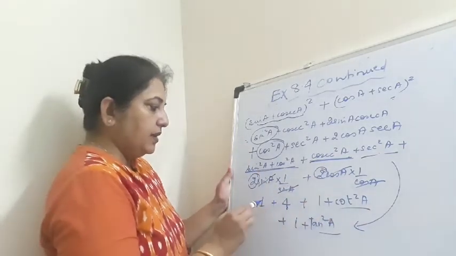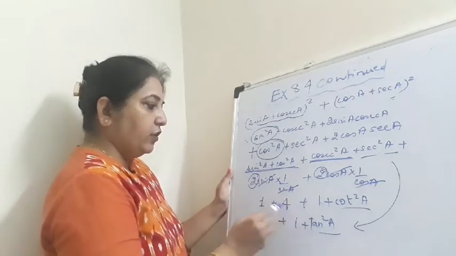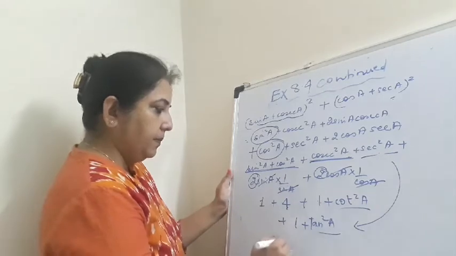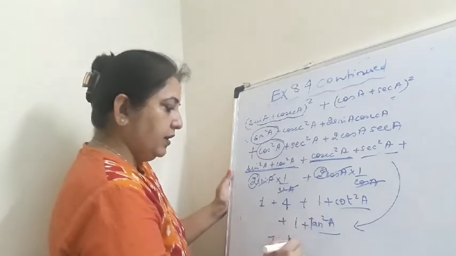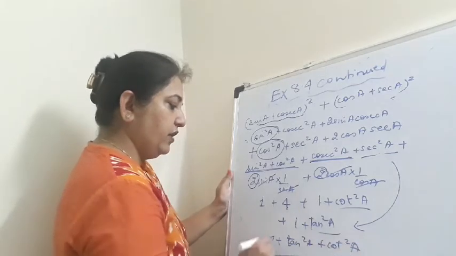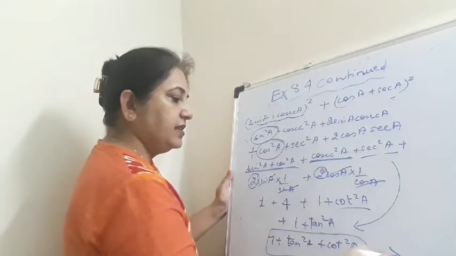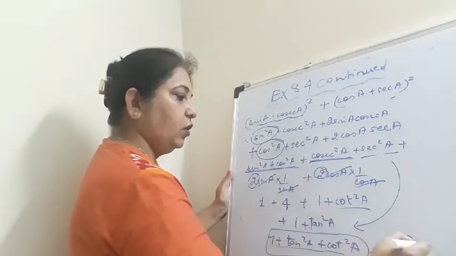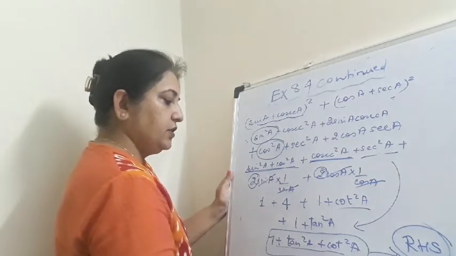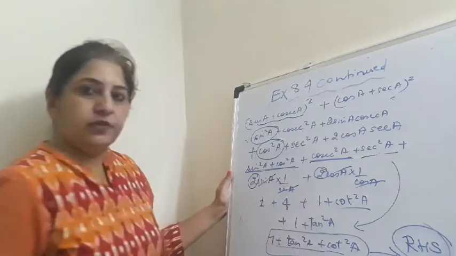Now 4 plus 1 is 5, and 5 and 1 is 6 and 7. So here I get 7 plus tan square A plus cot square A. So this is how we arrange, and we see that the same terms are given on the right hand side and hence we say that the question is proved.